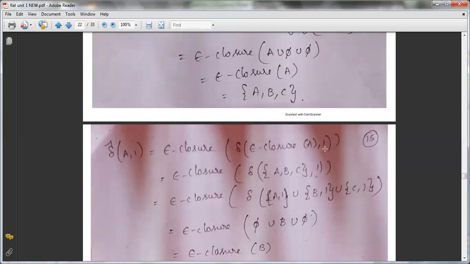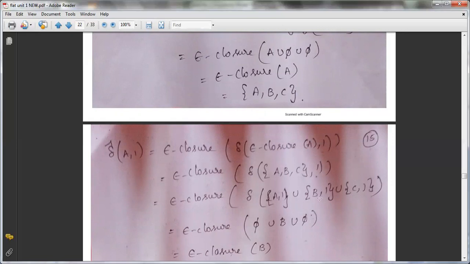Epsilon closure of A comma 1. So epsilon closure of A means ABC comma 1, which is A comma 1 union B comma 1 union C comma 1. If you give the input 1 to A, what are you going to get? Null state.